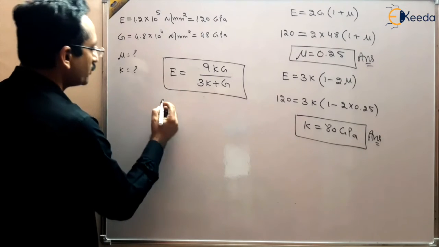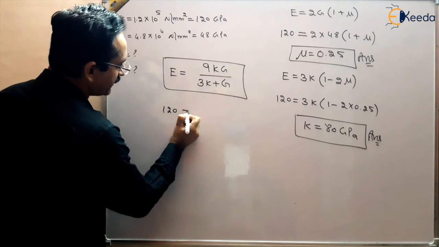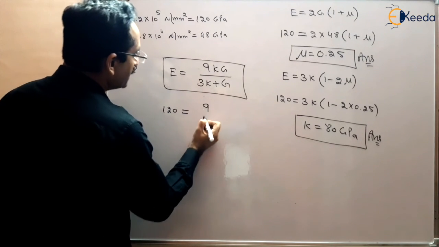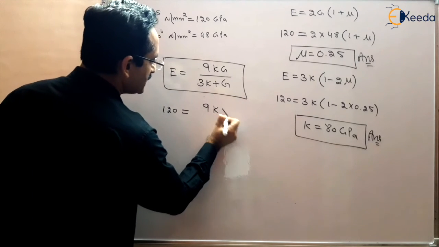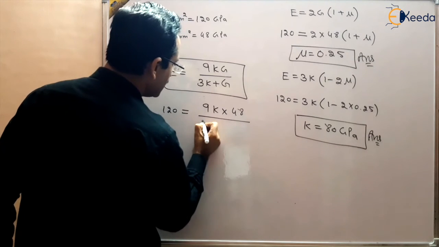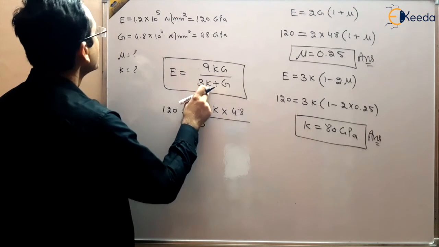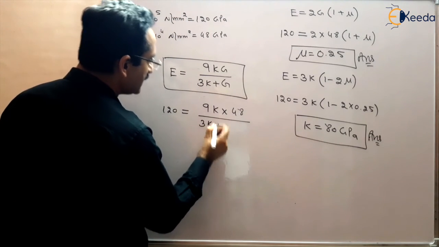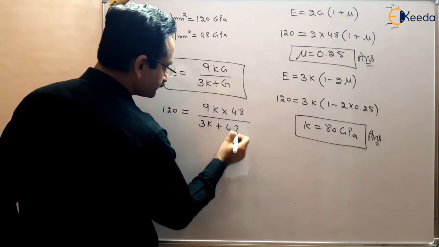So E is known to us, 120 gigapascal, 9 times K, which is unknown, times G, which is known, 48, divided by 3 multiplied by K plus G, which is 48.